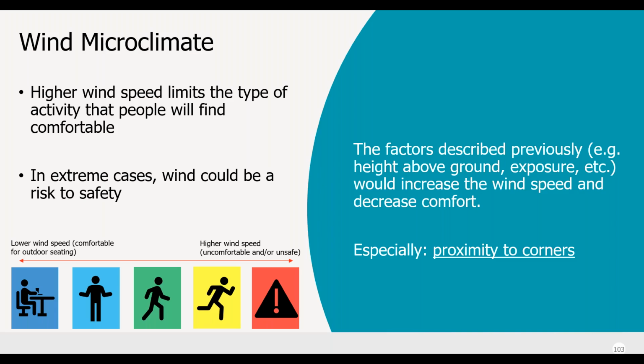All the factors we previously described, height, exposure to prevailing winds, are all still relevant here as well. And I would point again specifically to proximity to building corners as being a key factor here. There are, of course, some good design reasons why you might want to have a balcony at the corner of a building, but it can be a figurative red flag for wind because of how the wind wants to accelerate right in that area. Next slide, please.